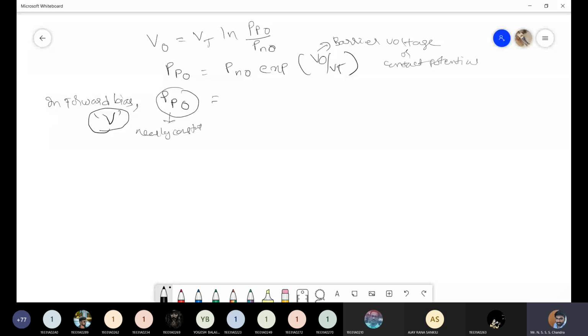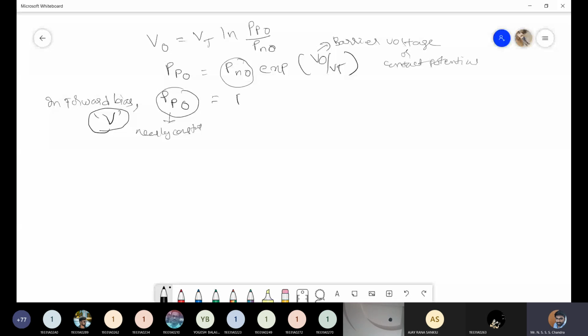Whereas your Pn0, so Pn is nothing but the number of holes on the N side, is a minority carrier. In forward bias, the holes on the P side are injected into the N side, so the overall number of holes on the N side is going to increase. Let us consider that increase as delta Pn.